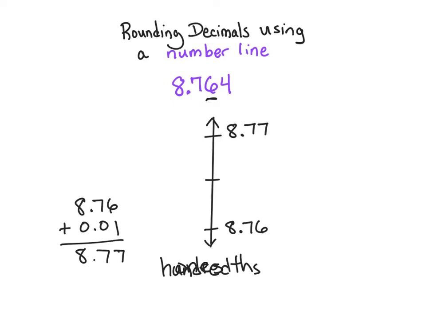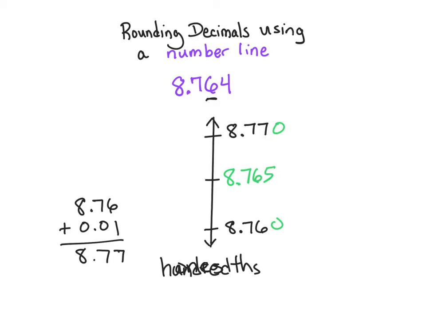To determine the midpoint, there's a couple of things I can do. I can add a 0 in the thousandths on each of these, and then it becomes pretty obvious that halfway between 760 thousandths and 770 thousandths is 765 thousandths. So I can just write that in there. So 8 765 thousandths.